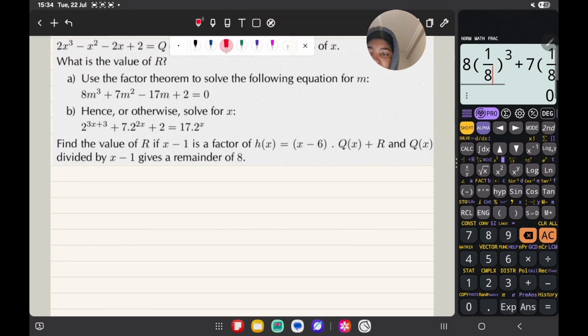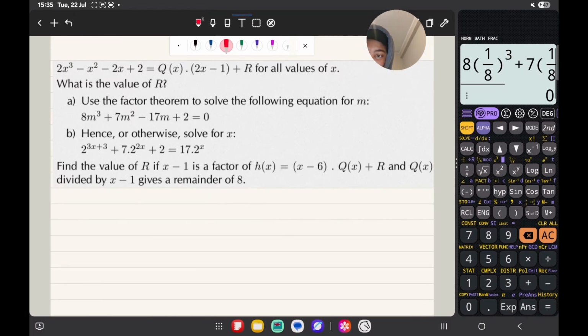Our friends are saying hence, or otherwise solve for x, right? Yeah, solve for x. So do realize something here.